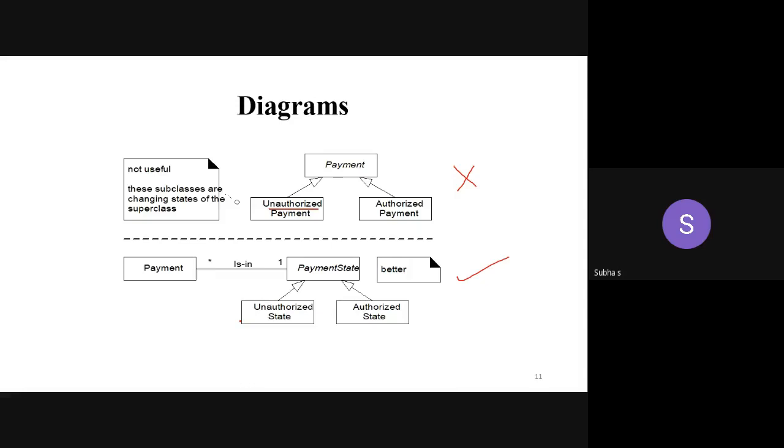It is based on the state of the particular class. So in that situation, you have to make that state itself a separate class. So here you are having two classes, payment as one class and payment state as another class, like a description class. So what is the meaning here? Many payments are in one payment state. This is a better way of representing the changing states.